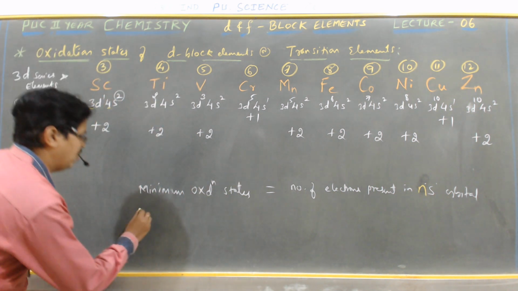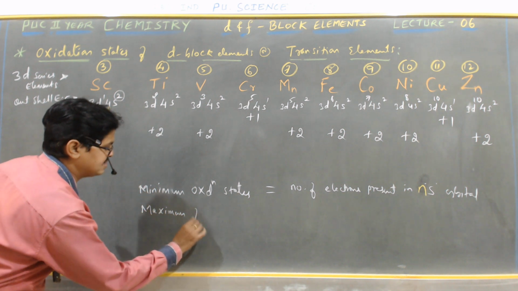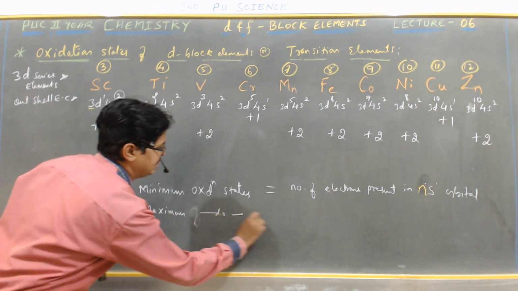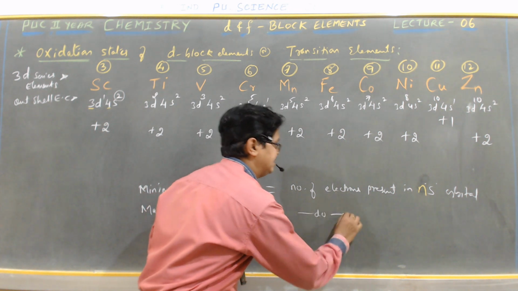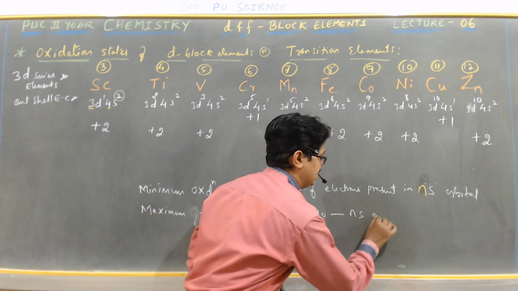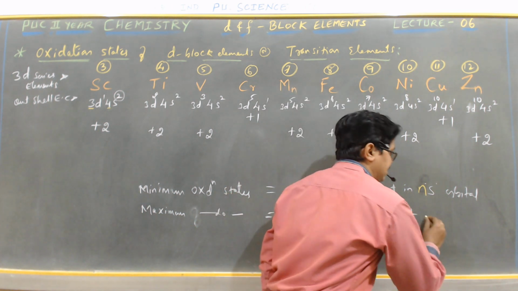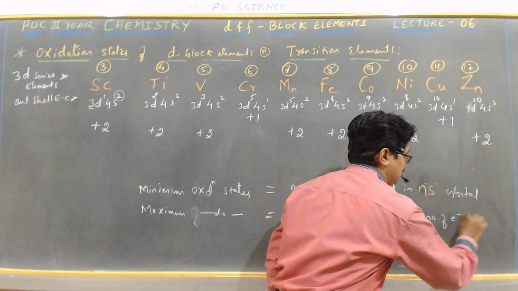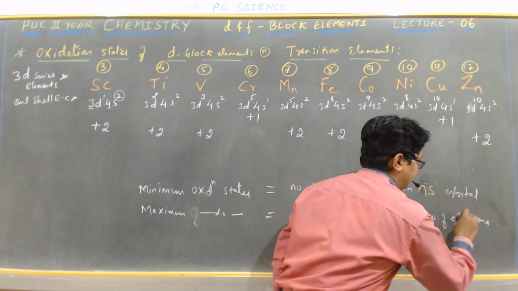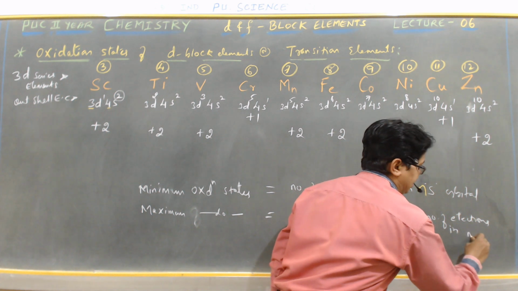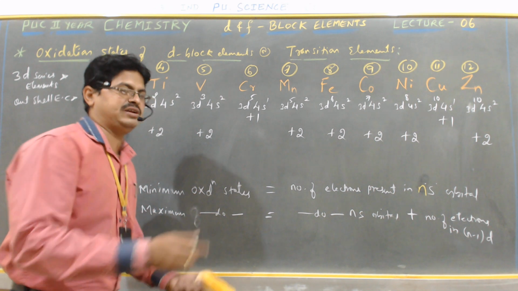Okay, then what about the maximum oxidation state? The maximum oxidation state of D block elements is equal to the number of electrons present in the ns orbital plus the number of electrons in the (n-1)d orbital. (n-1)d means penultimate shell.